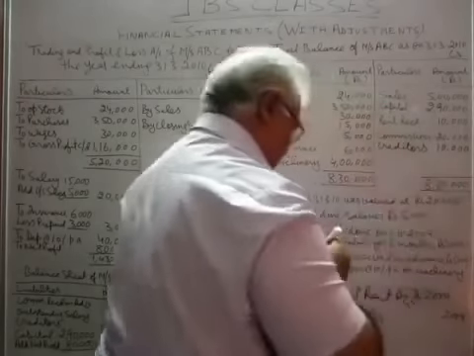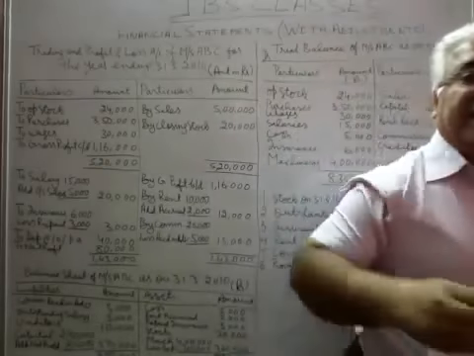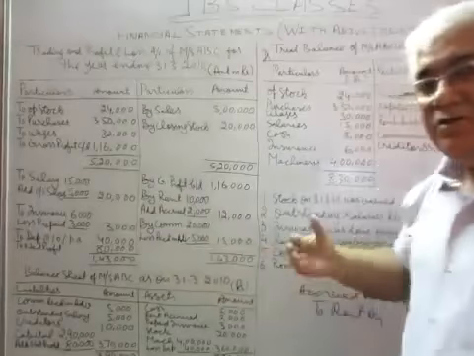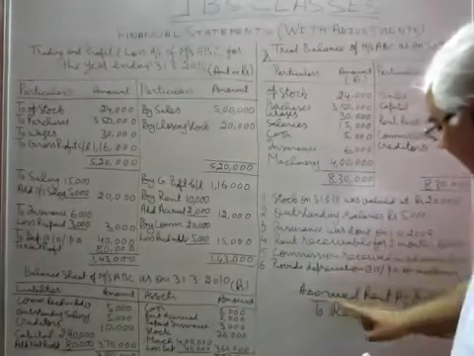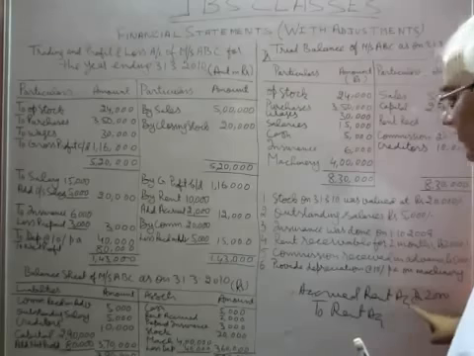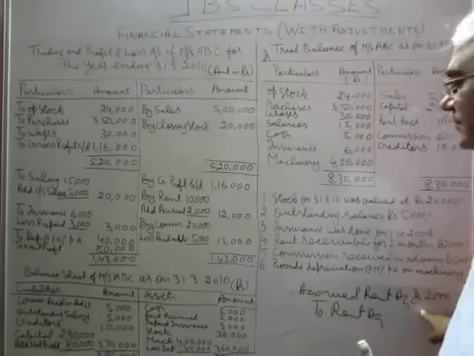This means what? We are increasing our income on account of rent by 2,000 and creating an asset, accrued rent of 2,000 rupees.